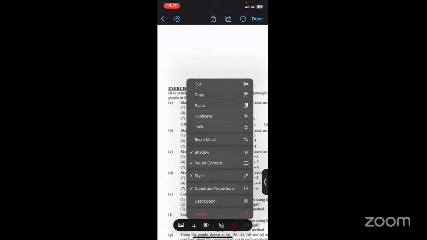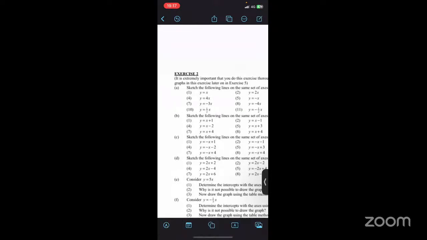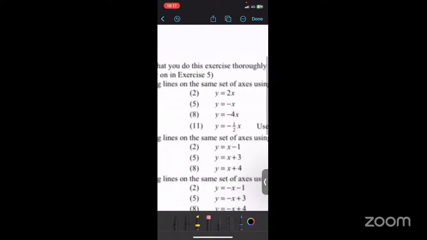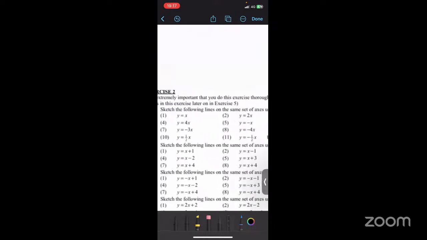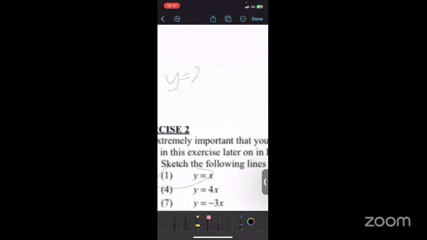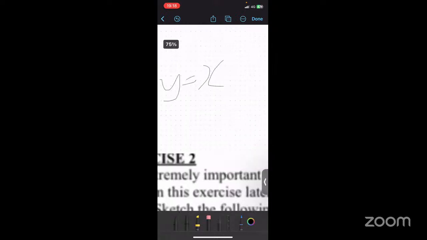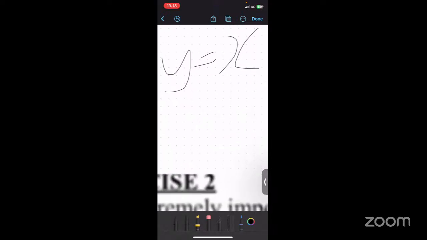Now let's look at this one. It says y is equal to x, right? If they wanted us to sketch this graph using the table method, I said you're going to pick 5 or 3 x values, and one of those numbers is going to be 0.